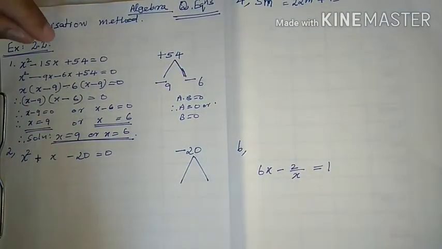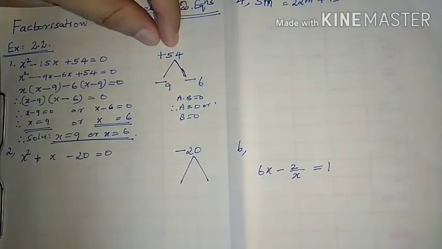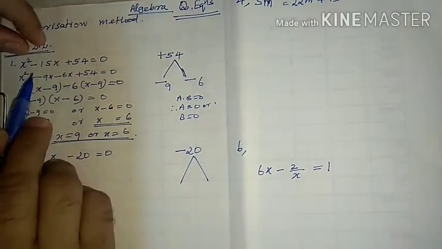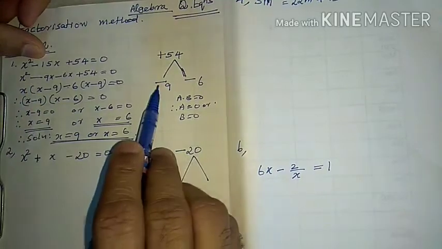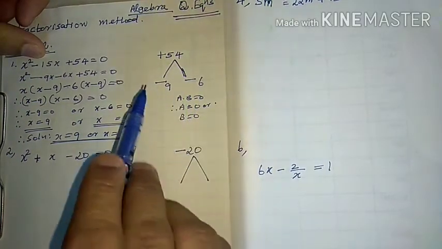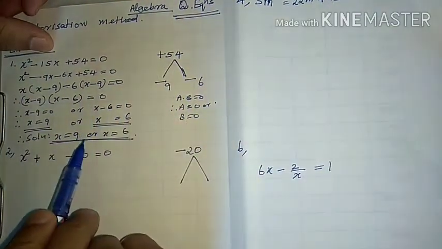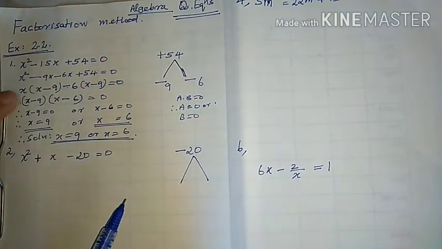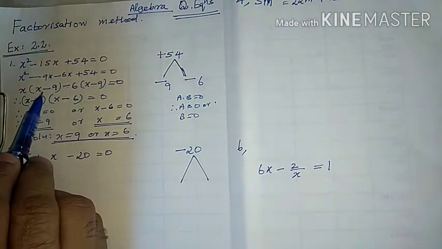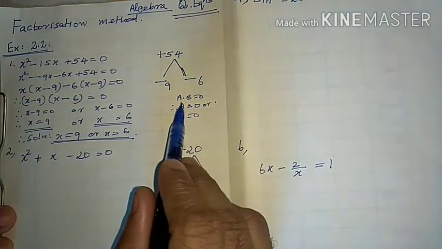This is how we have to factorize it. Product of first and last terms, we take the coefficients, plus 54, 1 into 54. But on addition, we should get a minus quantity. So we decide on minus 9 and minus 6. On addition, we get minus 15, and on taking the product, we get plus 54. Split only the middle term, then group it, gathering similar terms, and we get this form.